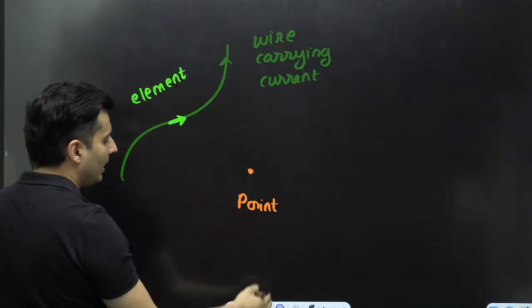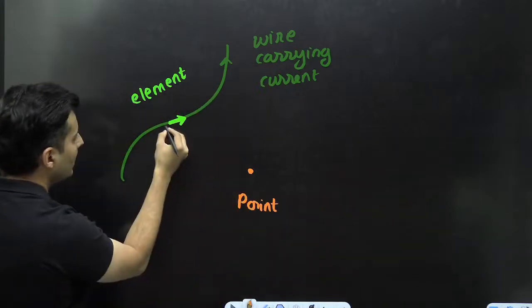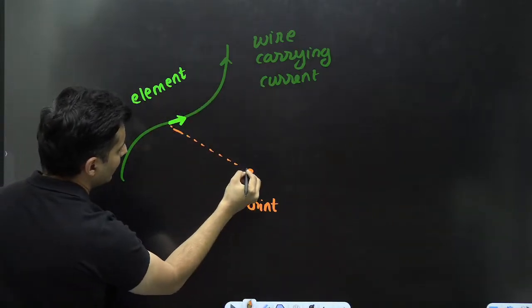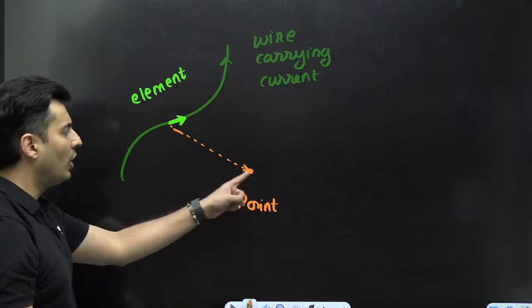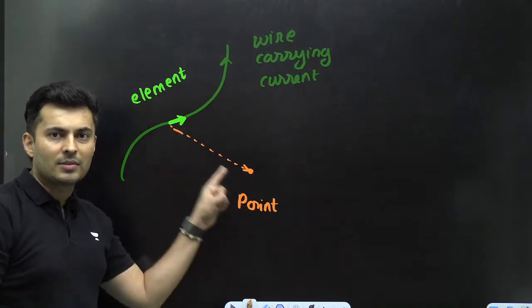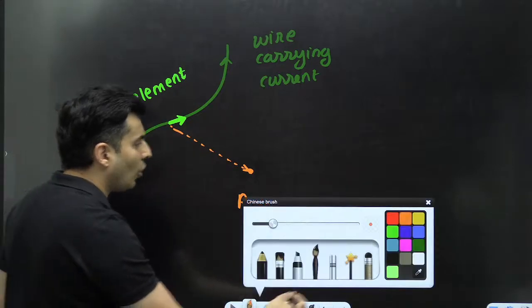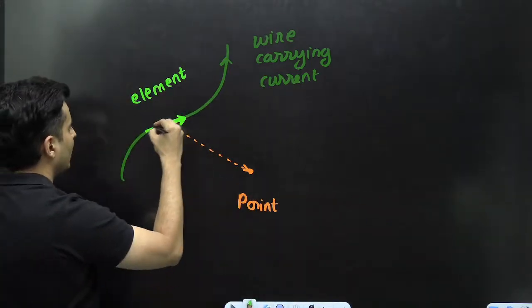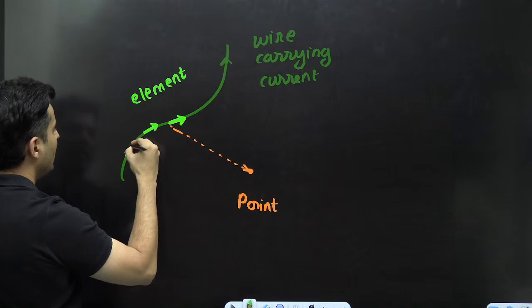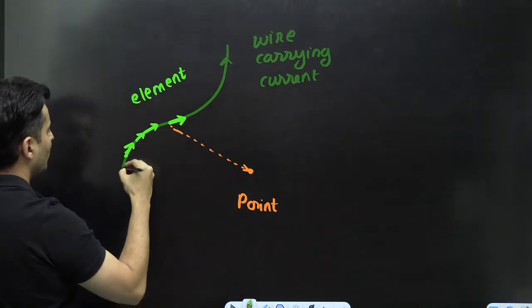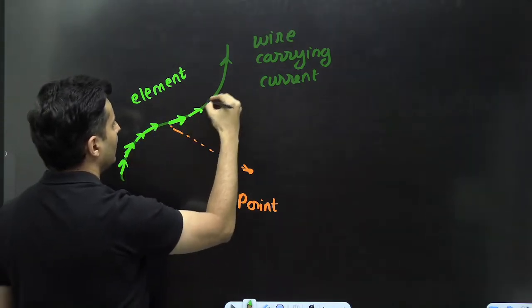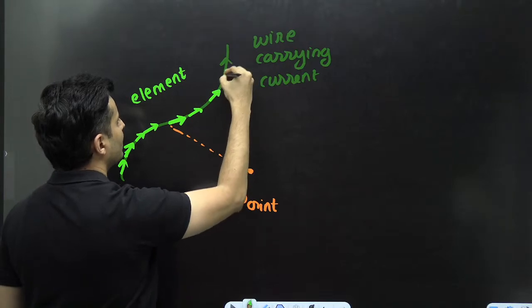That element at this particular point will create a small magnetic field. Like that, there will be so many elements, a finite number of elements.